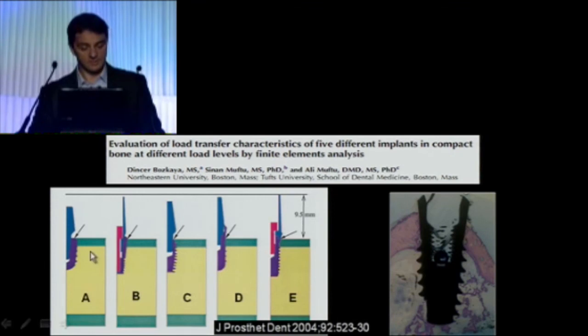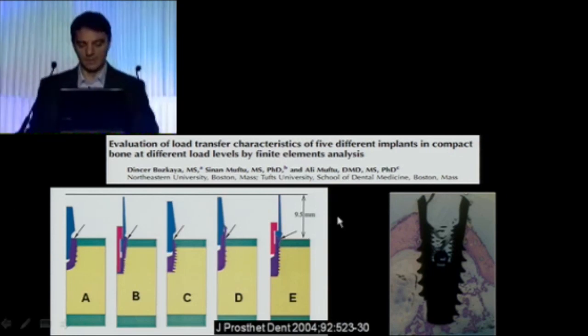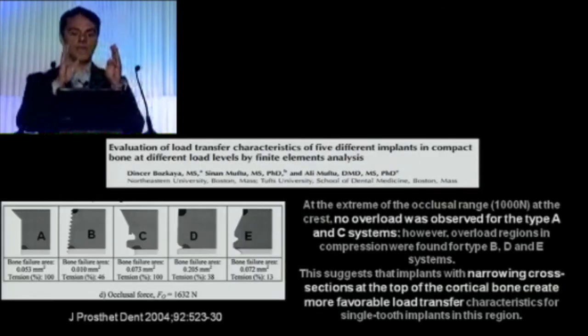And here you can see an in vitro study where they picked implants from the market and did some evaluation on the computer. And what you can see is that when the implant neck is flared, then you have less stress concentration.